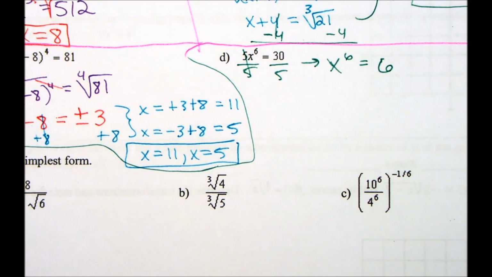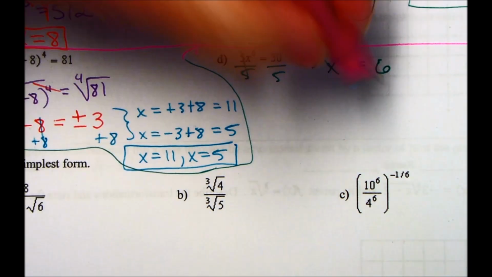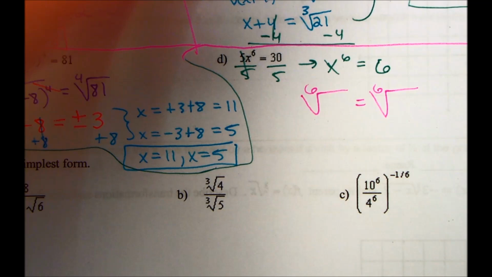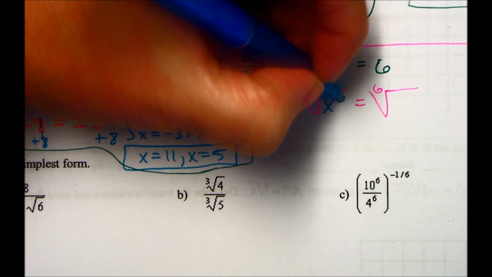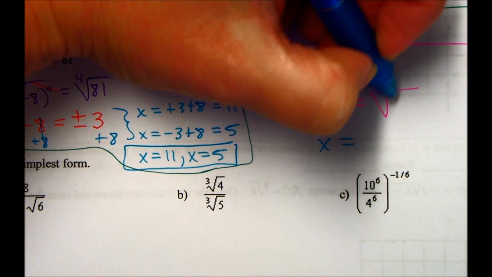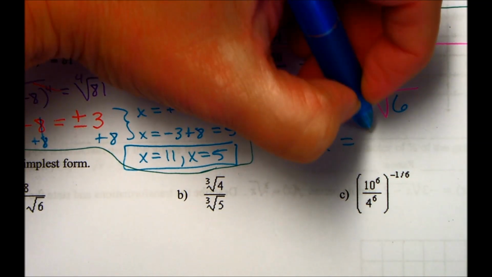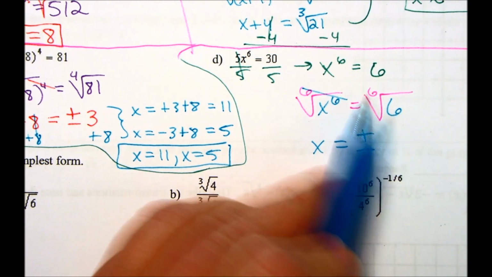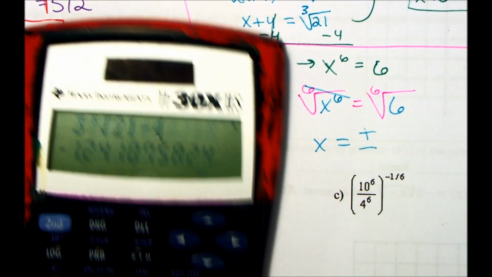Starting to run into each other. Okay, so to get rid of the 6th power, we need to take the 6th root of both sides of the equation. So when you take the 6th root of x to the 6th, that leaves us with just x. But the 6th root of 6, because it's an even root, will have 2 solutions, the positive and the negative.